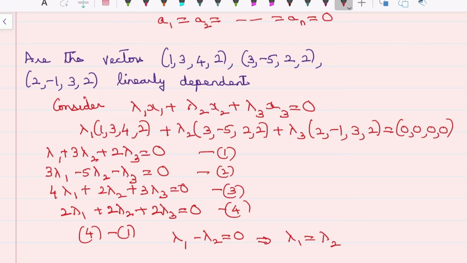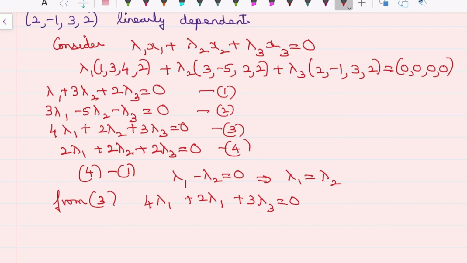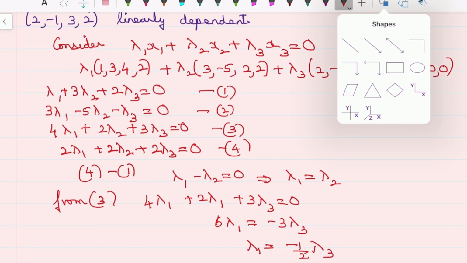Now from equation 3, if I put lambda 1 equal to lambda 2, I get 4 lambda 1 plus 2 lambda 1 plus 3 lambda 3 equal to 0. That would mean 6 lambda 1 equal to minus 3 lambda 3. So I have lambda 1 equal to minus half lambda 3. So what do we have here?